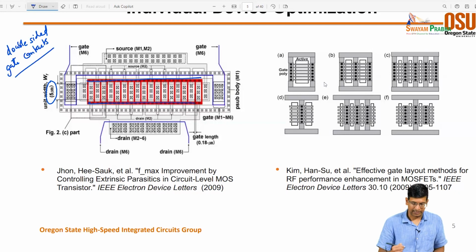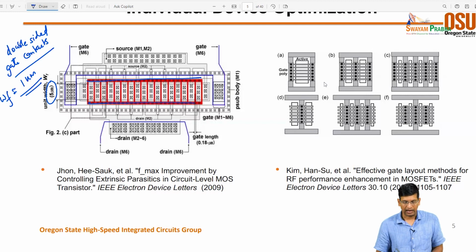So you have double-sided gate contacts. A good design principle is to keep the width per finger to be of the order of 1 to 2 microns. And you try to strap the metals for the gates.